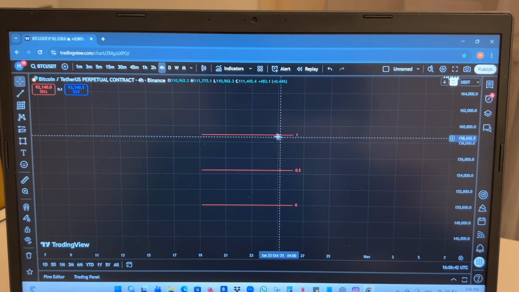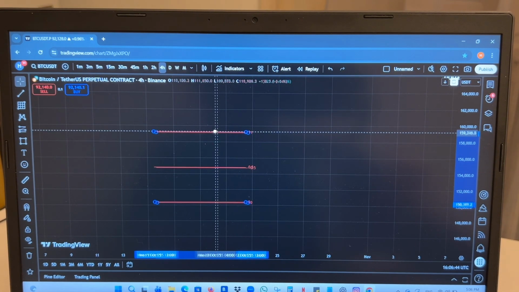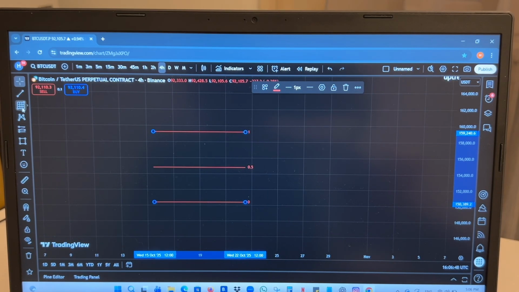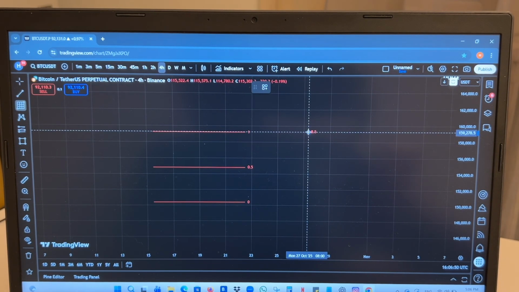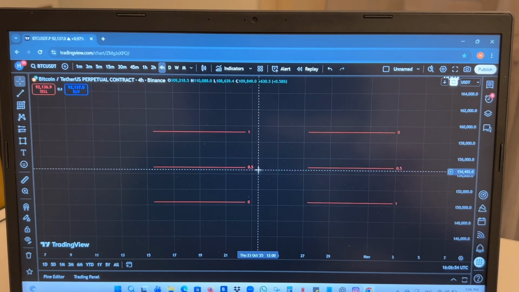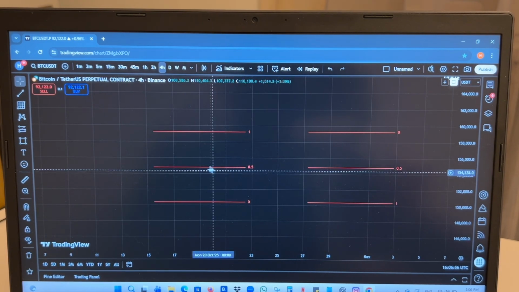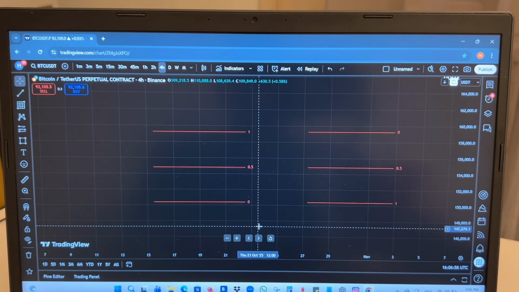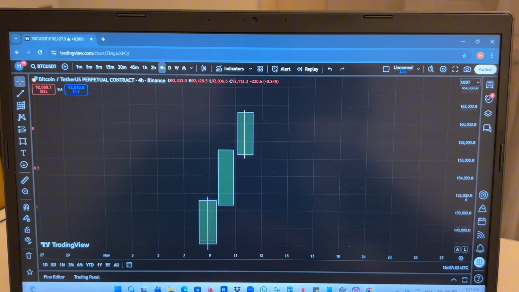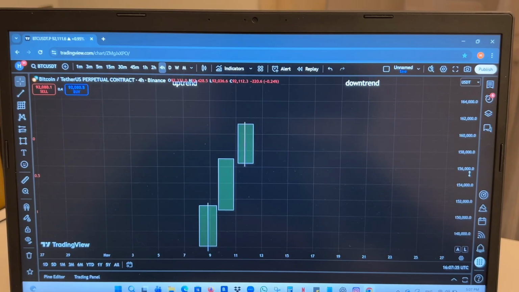So you can draw this in two ways. Right now the zero level is right at the bottom, and then we can use the zero level at the top as well. It doesn't matter, the main thing is the 0.5 level comes in the same level. So that is the main factor we are looking for. And now let me tell you guys how to use the Gann box in a fair value gap scenario.